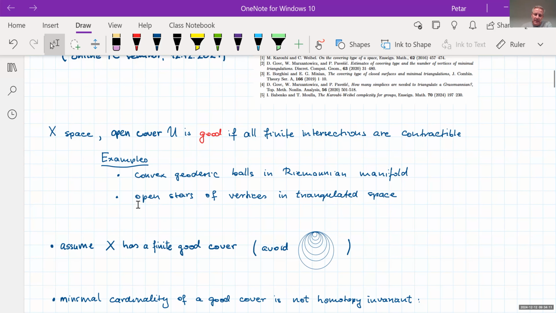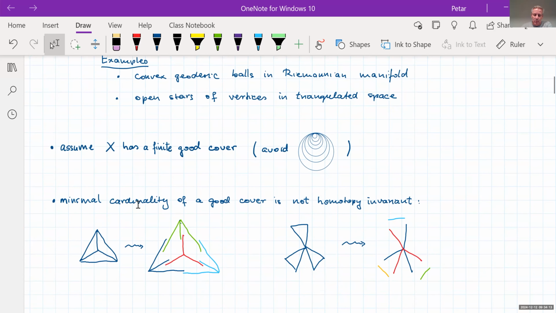The first thing that we can easily observe is that the minimal cardinality of a good cover of a given space is not homotopy invariant. In fact, you can represent a wedge of three circles as the one skeleton of a tetrahedron.